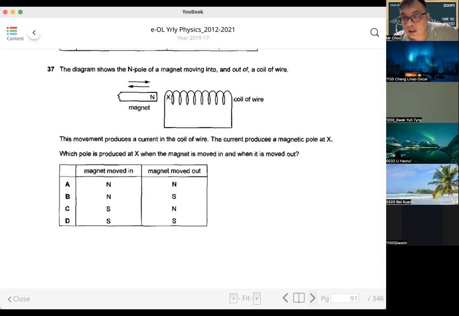Okay, Yu Ting, well done. Xiao Xing, well done. Bei Kuan, well done. Hao Rui, well done. Oscar, can you try again?